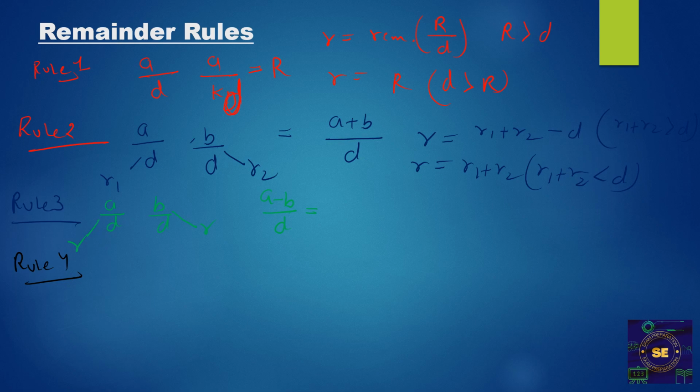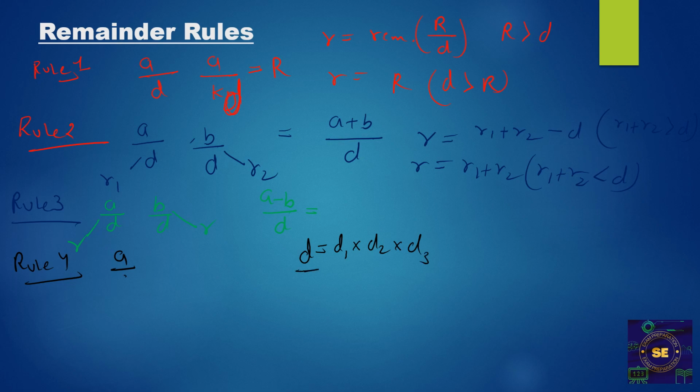Rule number 4. What does rule number 4 say? If a number, let's assume a, is successively divided by the factors of the divisor, let's say d1, d2, d3 are the factors of the divisor d.